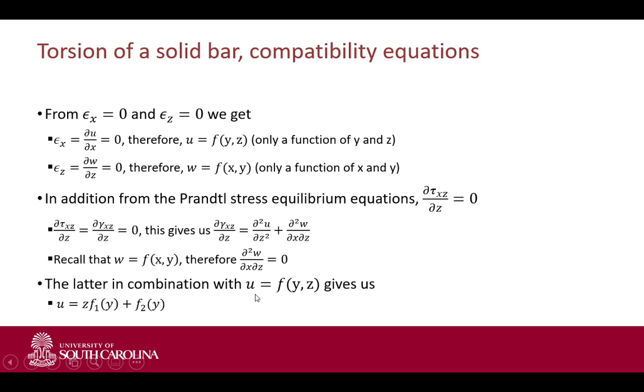Then we know that if u is a function of y and z, then we can state the function u as z times a function f1 that's a function of y, plus a function f2 that's just dependent on y.